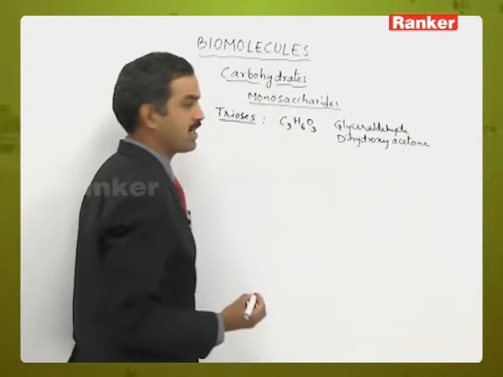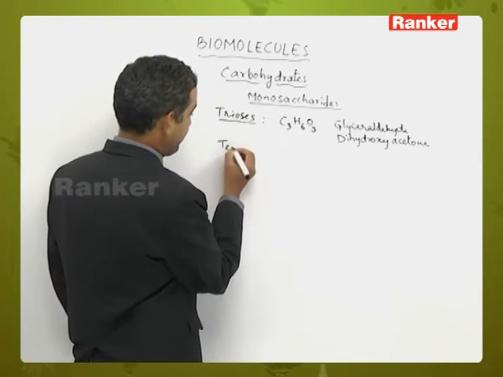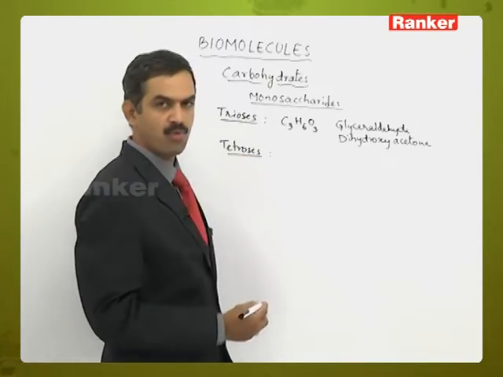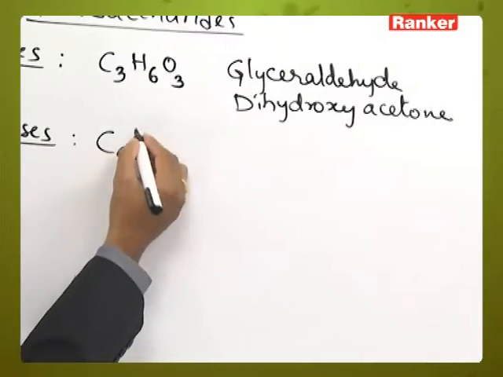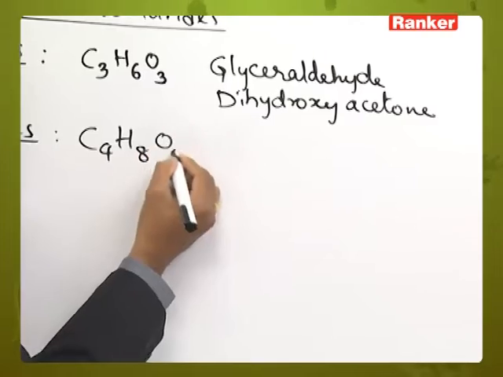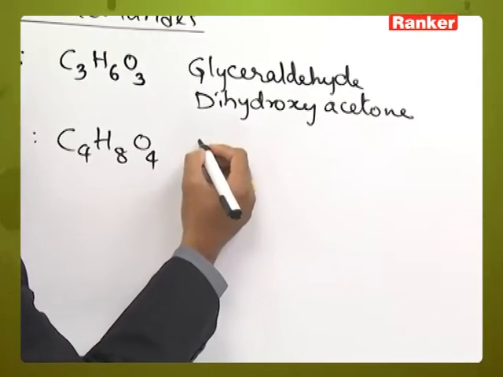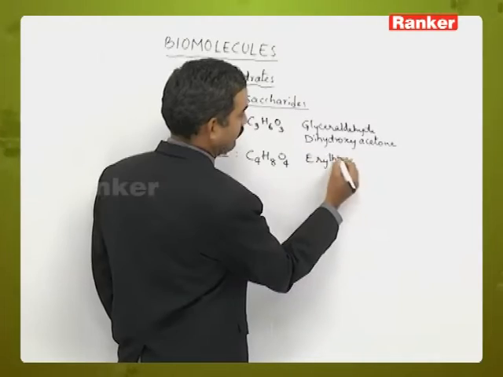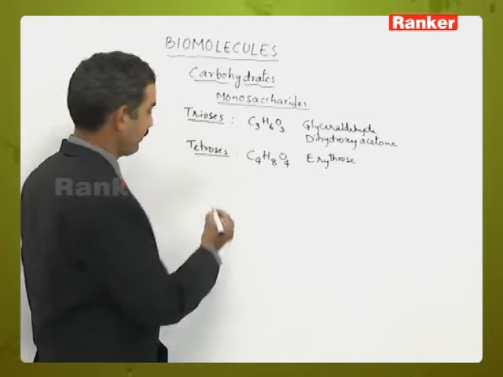Tetroses contain 4 carbons, represented as C4H8O4, like erythrose, which is an example of tetroses.